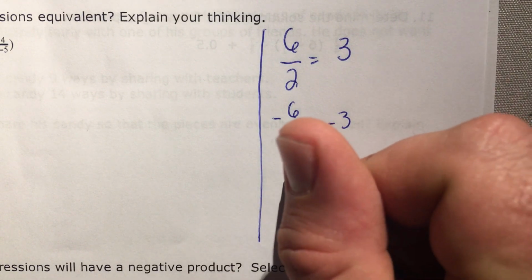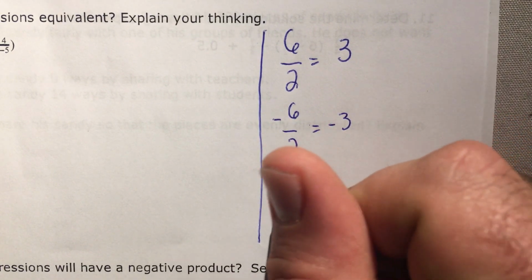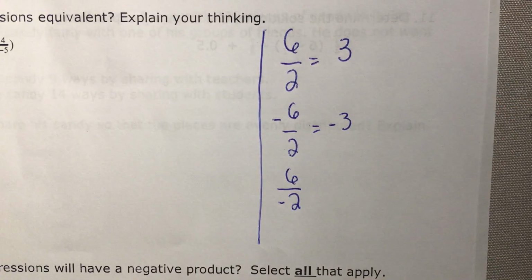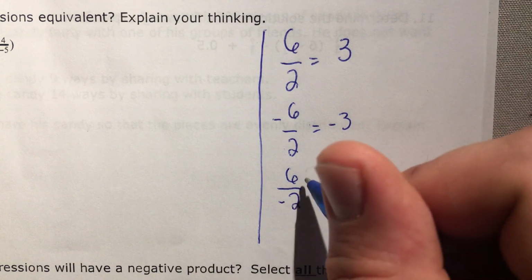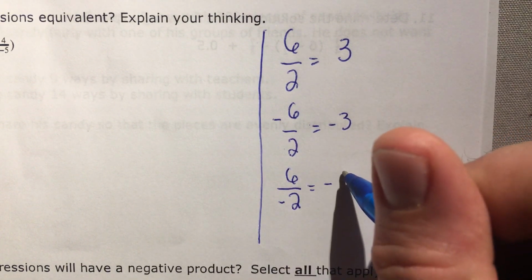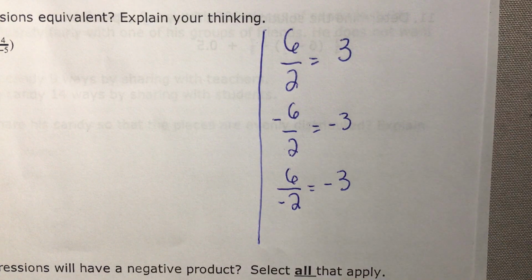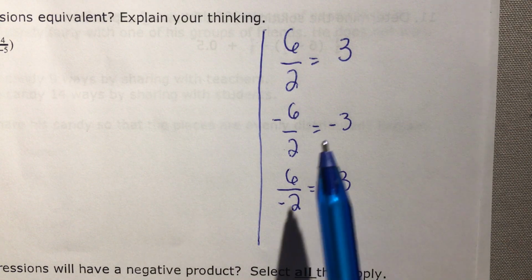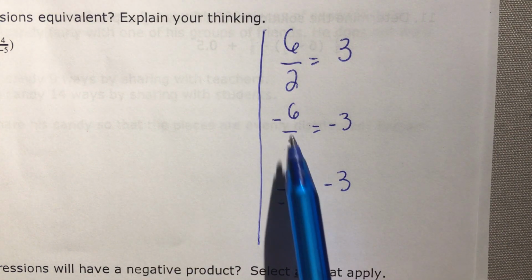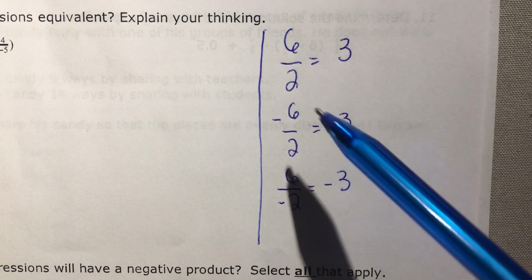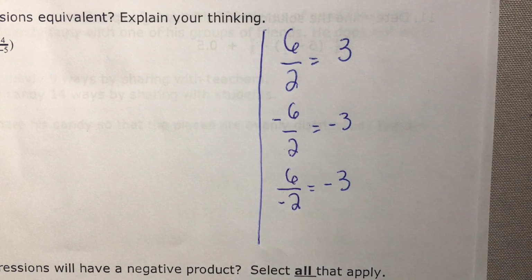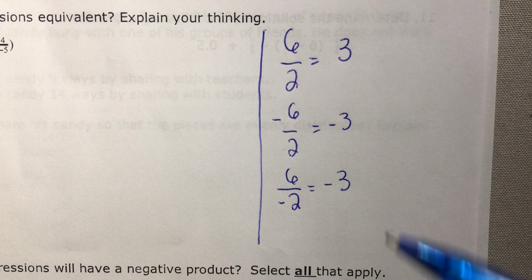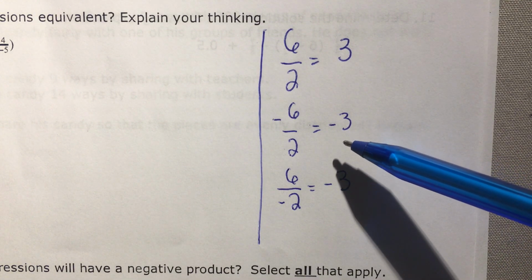But what if I had a positive 6 divided by a negative 2? So I just switched the negatives from the numerator to the denominator. Well, a positive divided by a negative still gives me a negative, and it's 6 divided by 2, which is 3. So when you have a negative 6 in the numerator or a negative 2 in the denominator, wherever the negative is, we only have one of it, and we know that if it's an odd amount of negatives, then it will be a negative product.